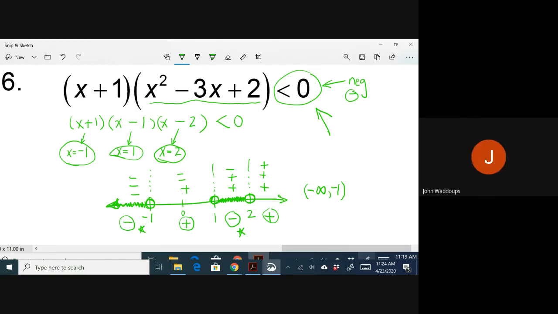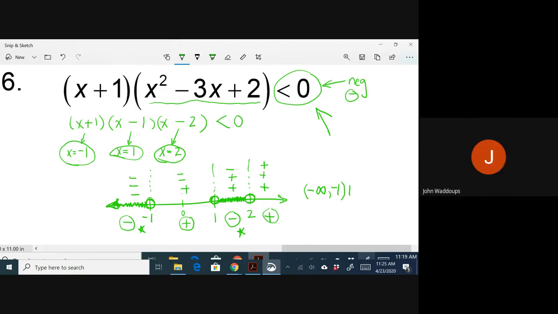Because it doesn't equal negative 1. The parenthesis by negative 1 means that the numbers go all the way up to negative 1, but do not include negative 1. So to the left of that would be like negative 1.1, negative 1.01, negative 1.00001, but would not actually include negative 1.